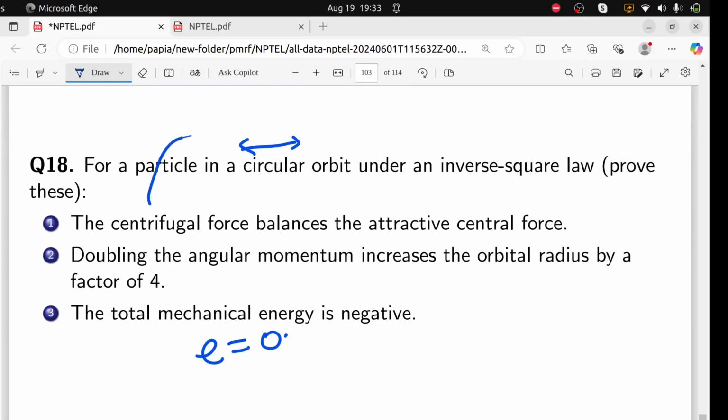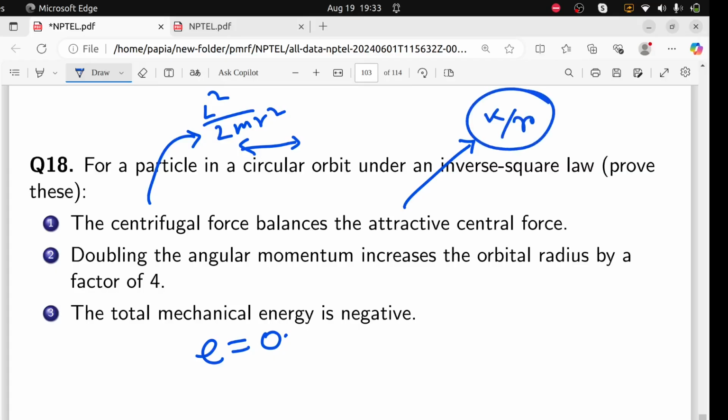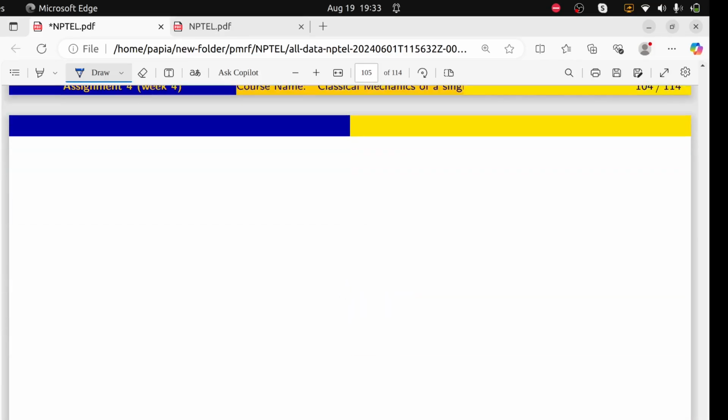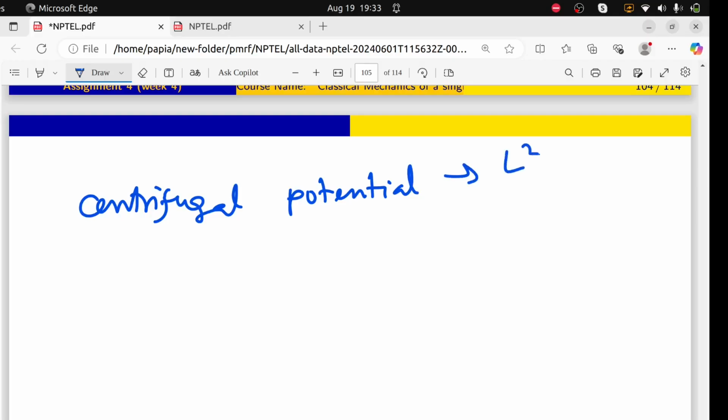So that is centrifugal force. Centrifugal force means L square by 2m r square, and the attractive central force is k by r. Actually, centrifugal force means that which is coming from, let me write here, the centrifugal potential, which is L square by 2m r square.